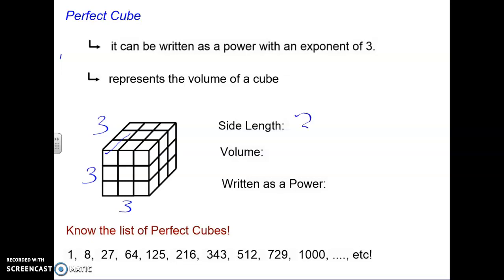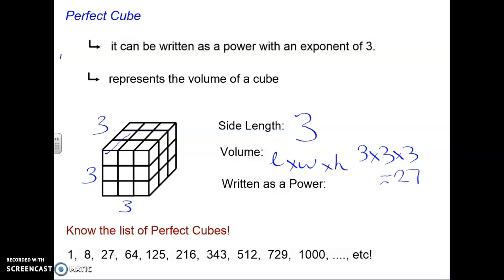Okay, so we're going to write our side length is 3. And volume, if we recall, is length times width times height. In other words, we can write that as 3 multiplied by 3 multiplied by 3, which gives us 27.